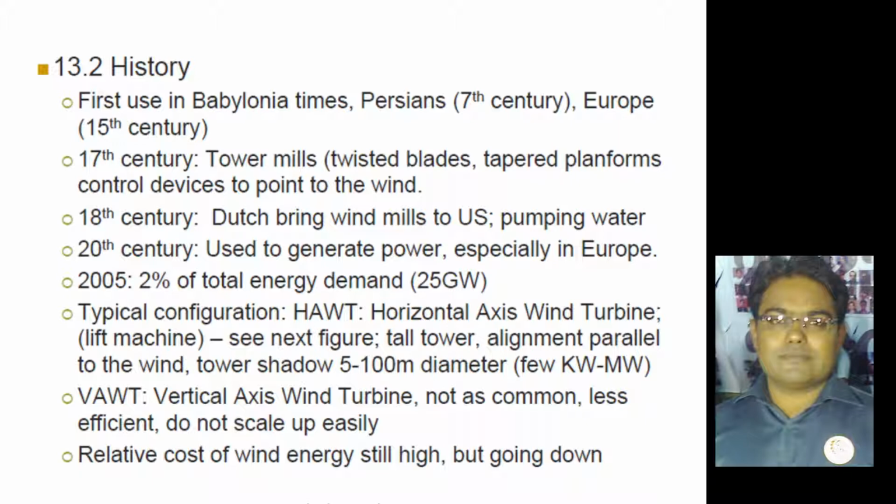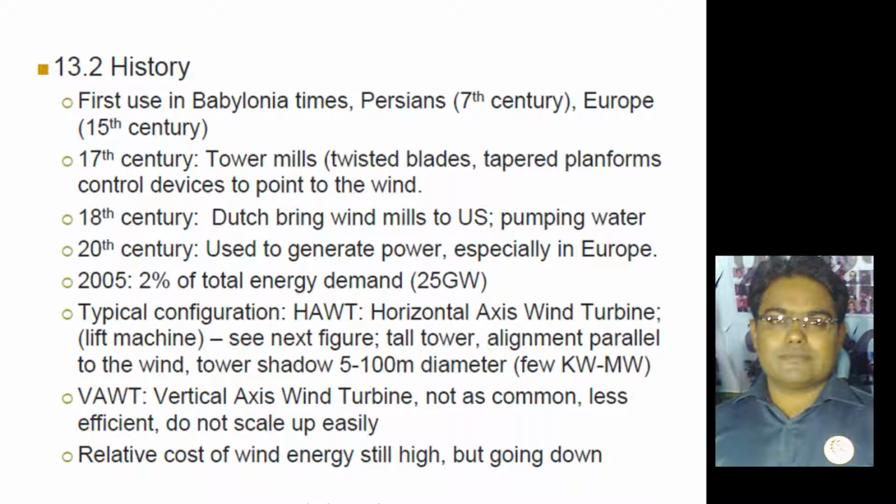In the 17th century, tower mills, twist blades or tapered platform control devices to point to the wind came into existence. Then in the 18th century, the Dutch brought windmills to the US, particularly for pumping water from rivers. In the 20th century and now, wind turbines are used to generate power, especially in Europe and the rest of the countries.